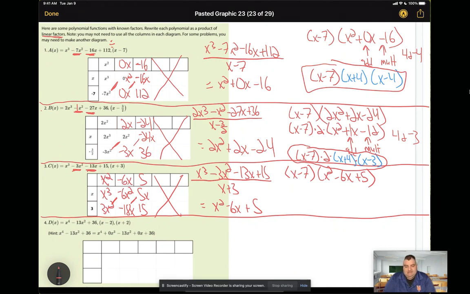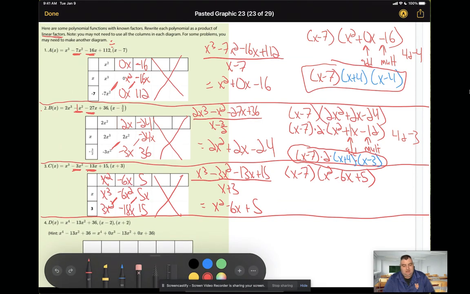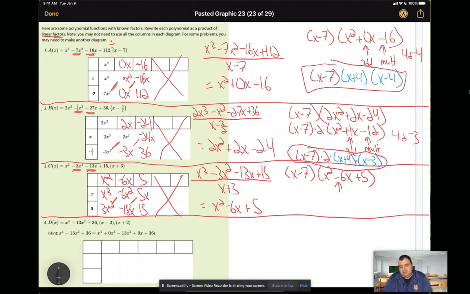This is not a linear term, the second one here, so I've got to do the same thing I've been doing. So what adds up to negative 6 and multiplies to positive 5? That's going to be negative 5 and negative 1.